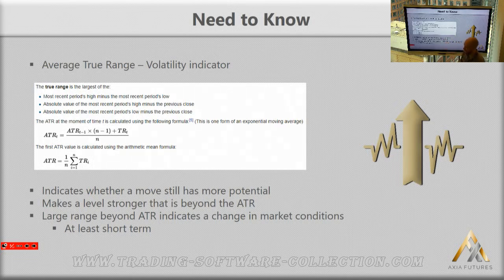The other way of using it is as a contrarian type idea, that it makes a level stronger if it's got beyond the ATR. So if you've got a level way up, market starts trending higher, goes significantly beyond the ATR, that makes that level a little bit stronger. So if you always wanted to trade that level and you're beyond the ATR, it makes the level better.